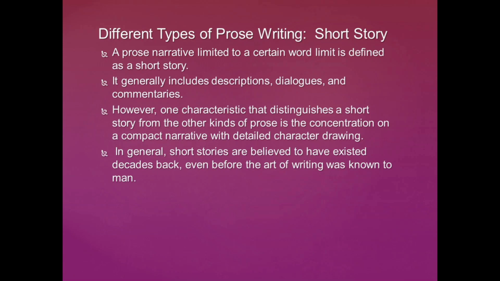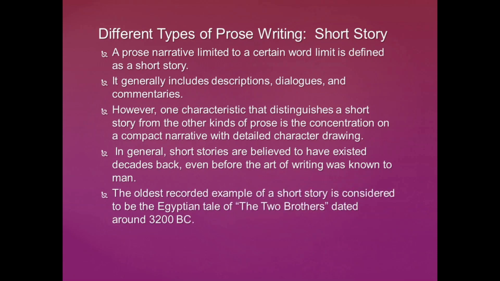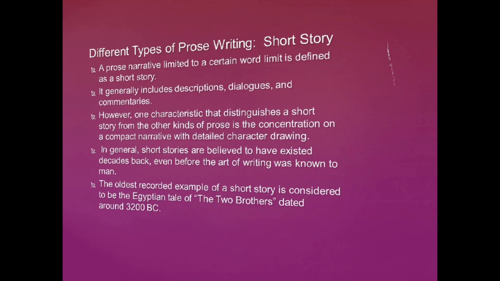In general, short stories are believed to have existed decades back, even before the art of writing was known to man, in the form of storytelling. The oldest recorded example of a short story is considered to be the Egyptian tale titled The Two Brothers, dated around 3200 BC.